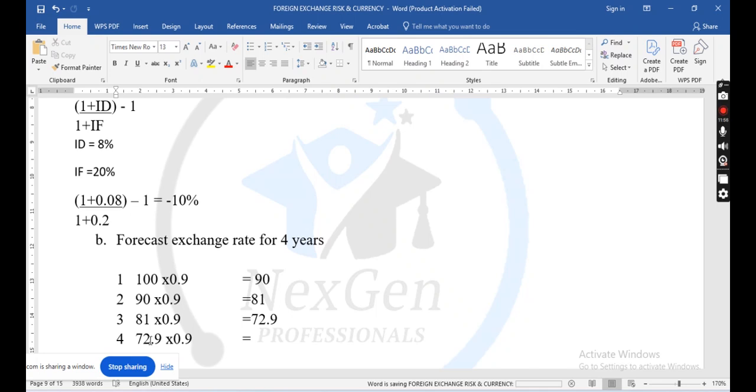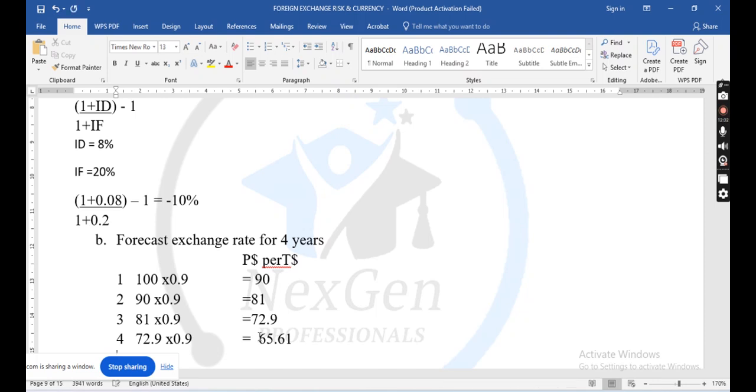So the spot rate will decrease to 65.61. This is what we have.